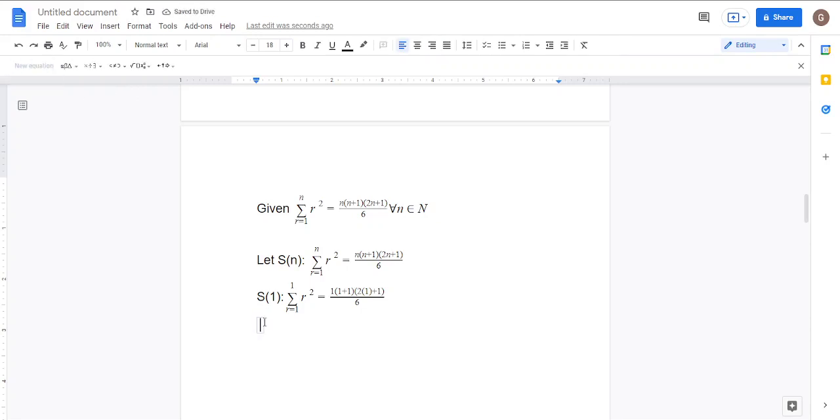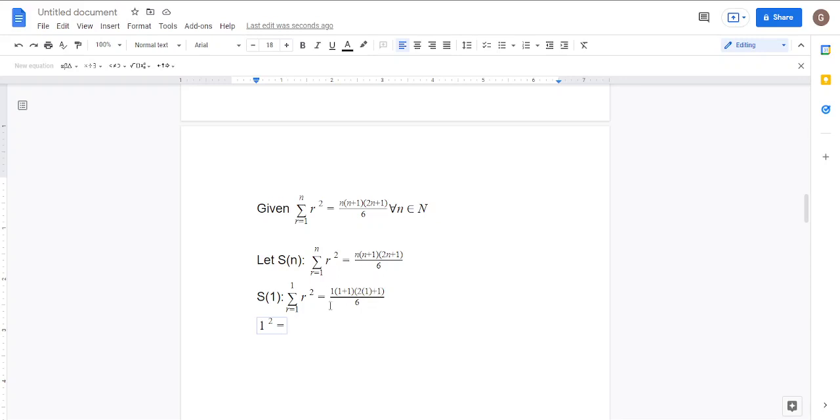1 squared. 1 squared, okay. 1 squared is equal to, on the right hand side, when we simplify that, the first bracket 1 plus 1 is 2, and then 2 times 1 is 2 plus 1 is 3.